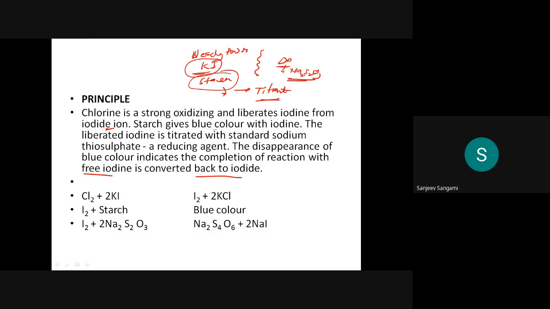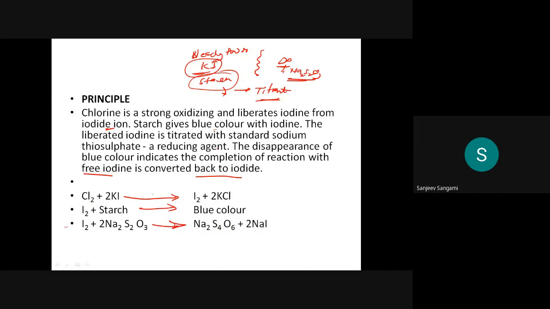So for the principle, always see what color it is changing, and when you add any chemicals or indicators, note down what color changes to what color. Here, when you add the potassium iodide, what color does it change to, and when you add starch, what does it change to, and what finally remains.